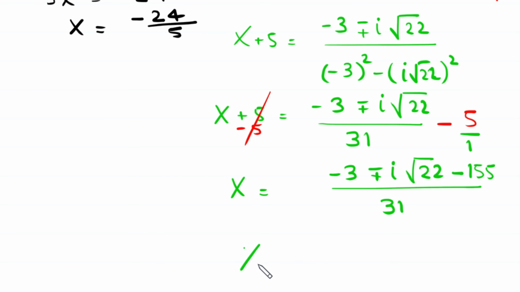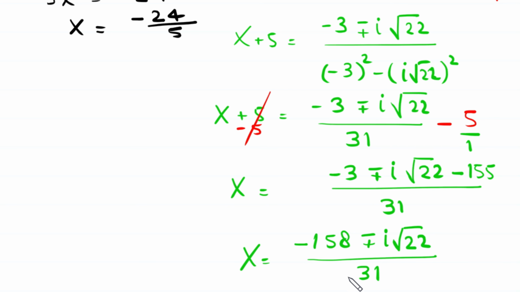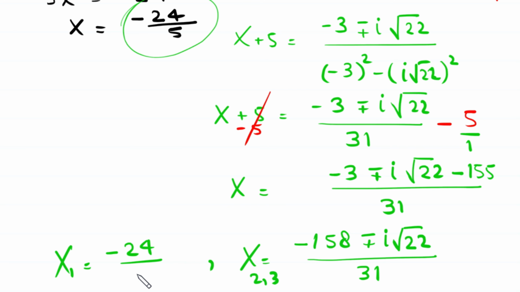Further simplify, x = (−158 ∓ i√22) divided by 31. This is the second and third solution, and first we found that x1 is equal to −24 over 5. So these are the three solutions for this equation.